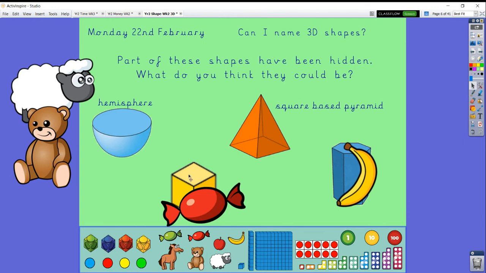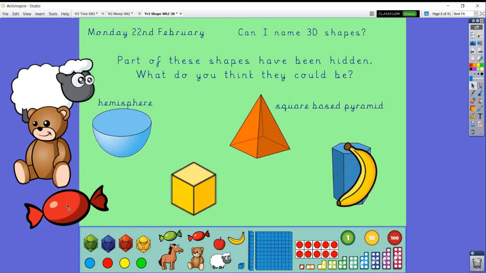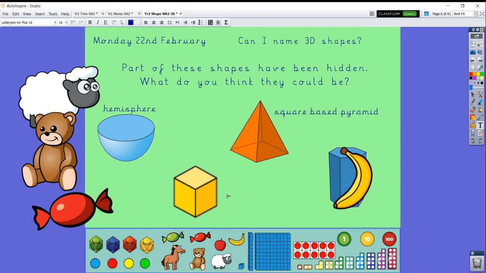This sweet, what's it covering? Now it could be a shape with square faces. A cube has got a shape with square faces, and so does a cuboid. But I think these side ones look quite square, so I'm going to think it is a cube. Brilliant. And finally, what's this banana hiding?